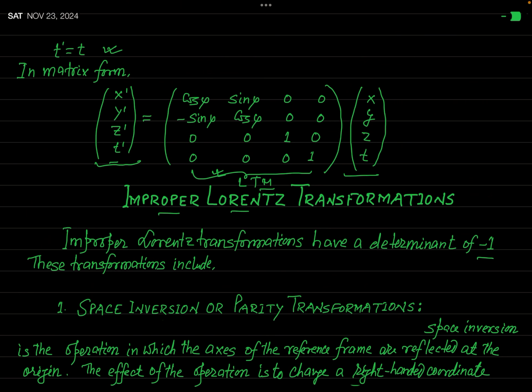So I have mentioned here that improper Lorentz transformations have a determinant of minus 1. Now let us see the two most important examples of improper Lorentz transformations. The first one is space inversion, or spatial inversion, or parity transformation.